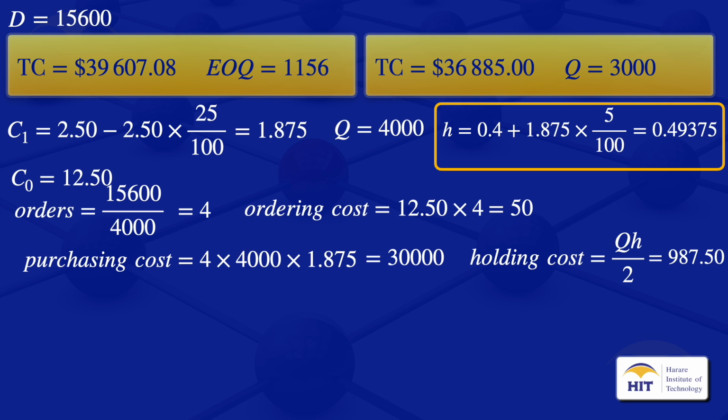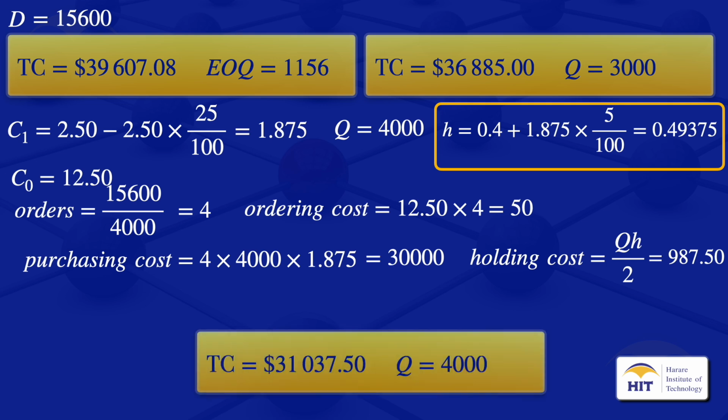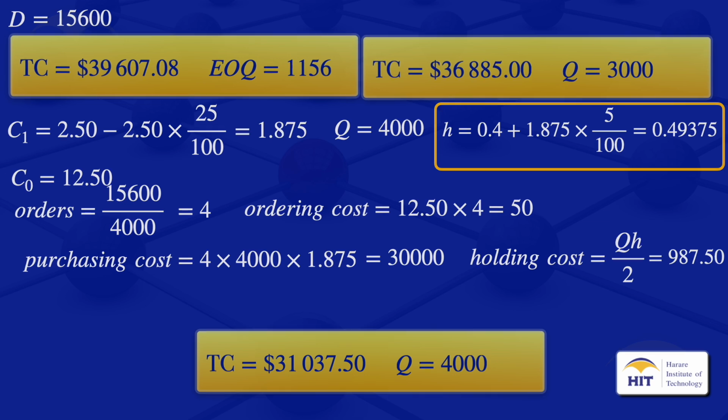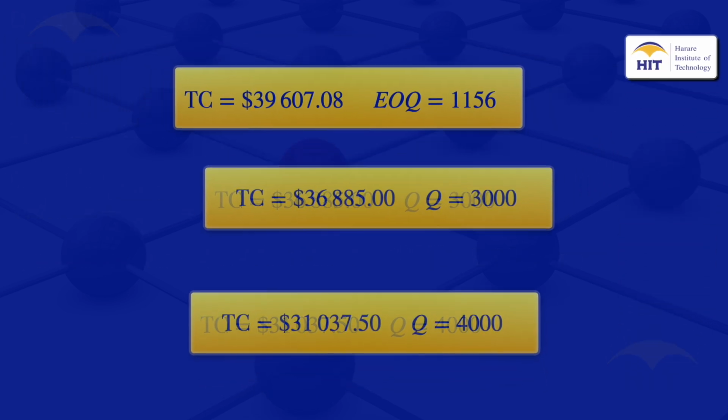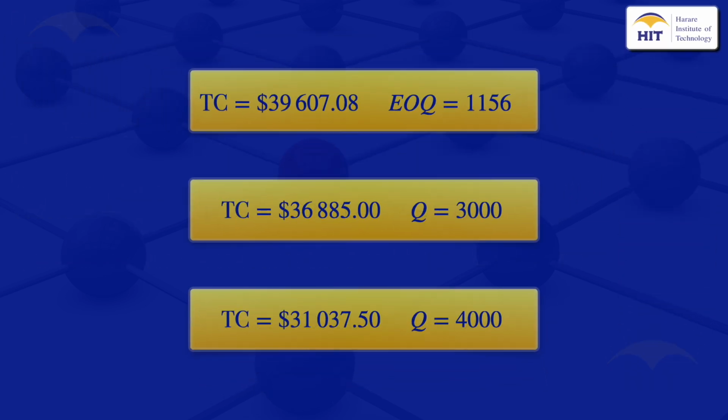I now go on and add all these values that I've just obtained here, and it will give us a total cost of 31,037.50. And this is when we are ordering 4,000 units. So those are the total costs that we are having there.